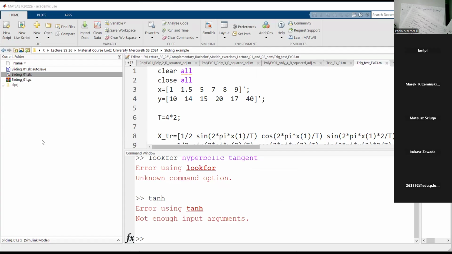Do you understand anything here? This one here. Okay, library, math operation. Exactly. Let me look here. I don't see any hyperbolic tangent.